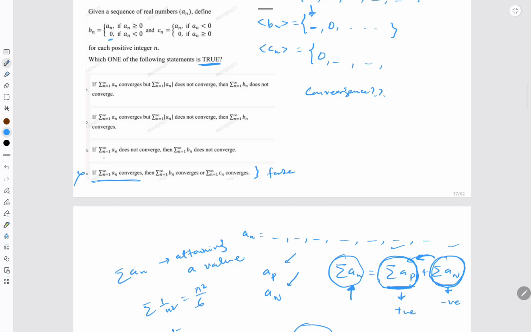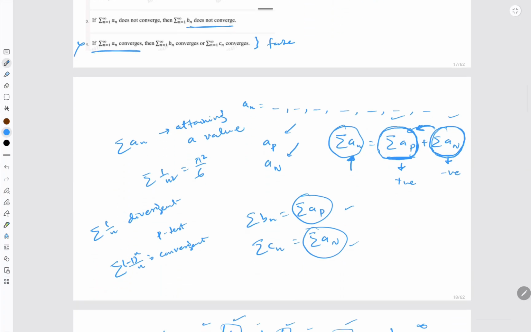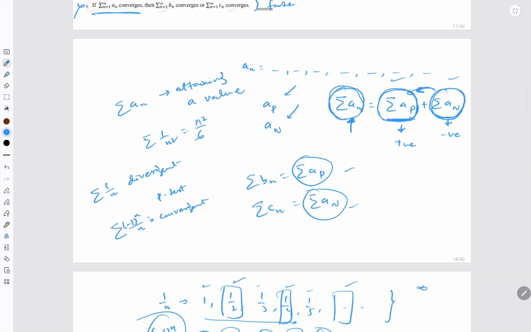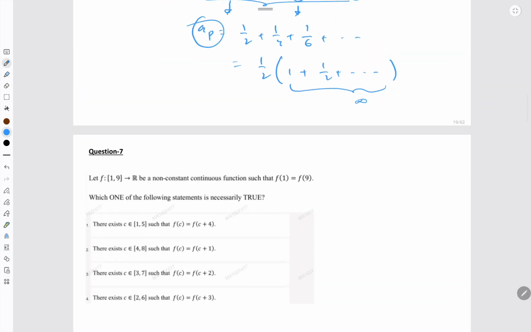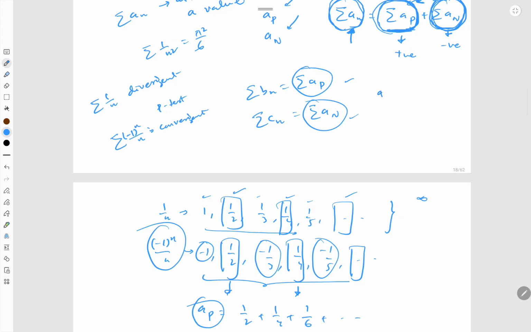Now it is saying if sigma an does not converge, then bn does not converge. It is saying that if an is not converging, that means the positive terms are not converging. There is a possibility that an is not converging, but AP is converging, but due to an having very negative values, it is diverging. So I'll give you an example.